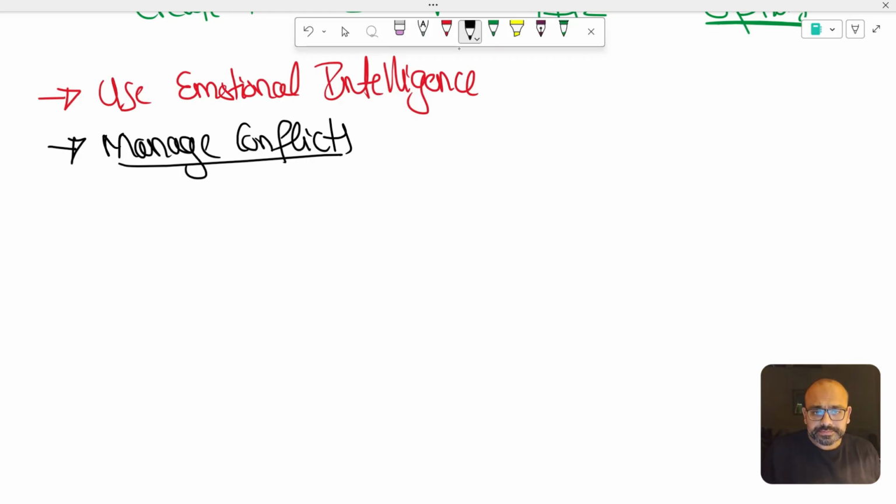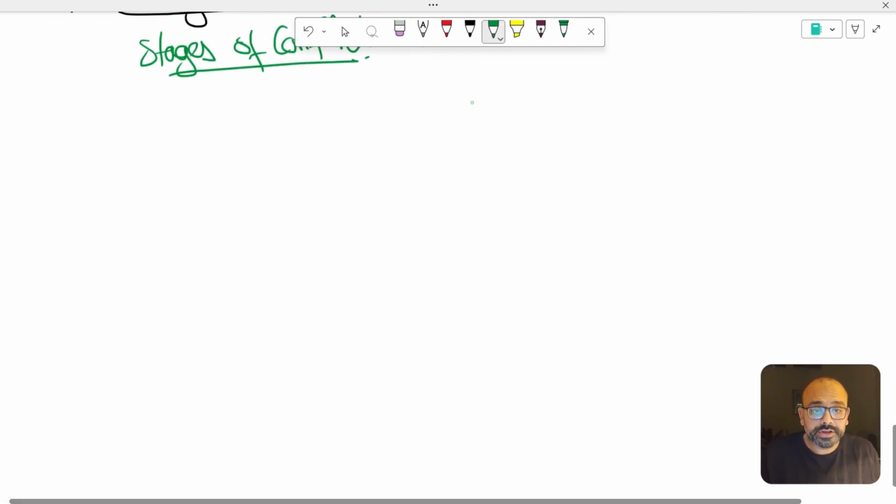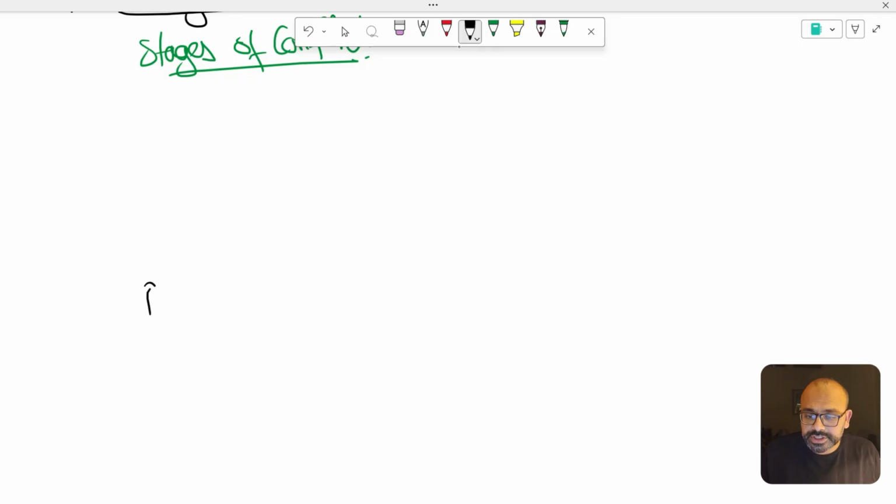Then you must know the stages of conflict. What are the stages of conflict? The very first stage is problem to solve. Problem to solve is a stage where the team members are solving the problem on their own. Collaboration is happening. Let them solve the problem.